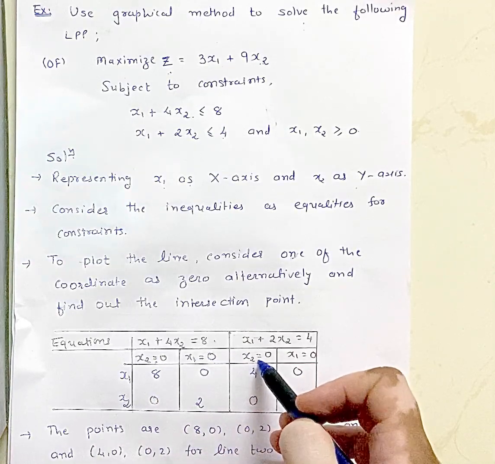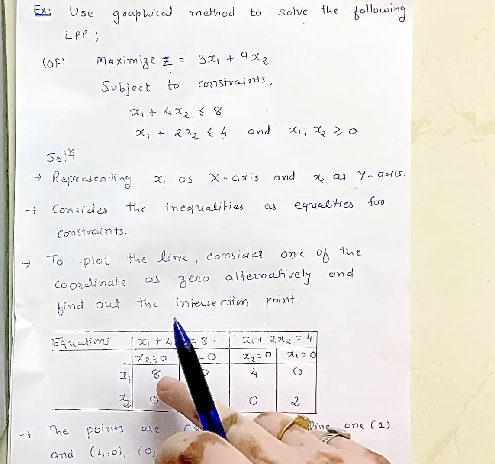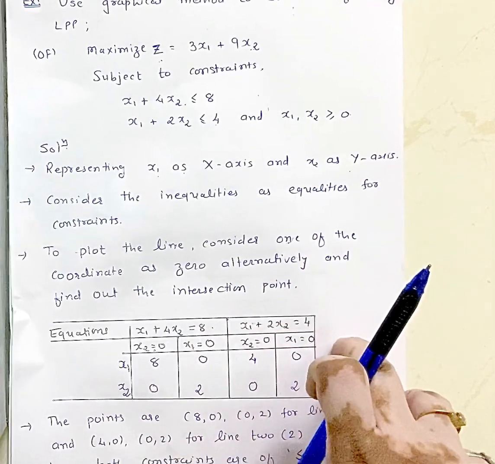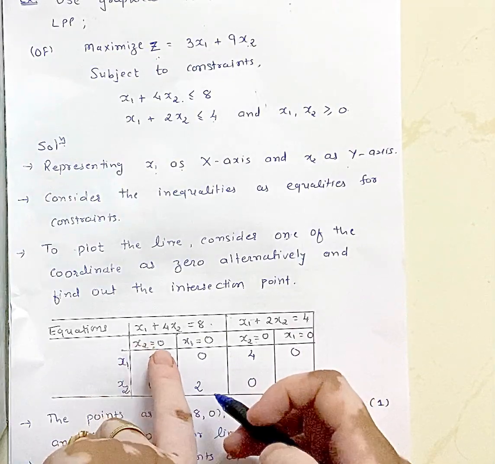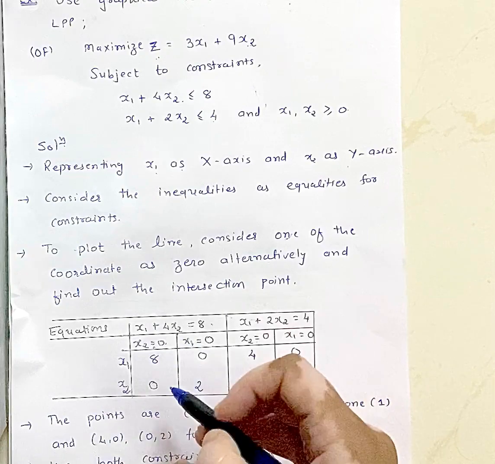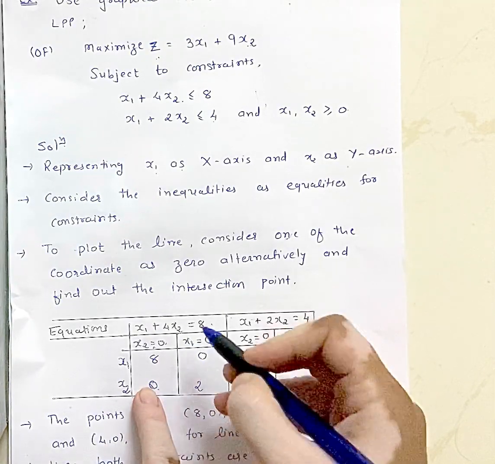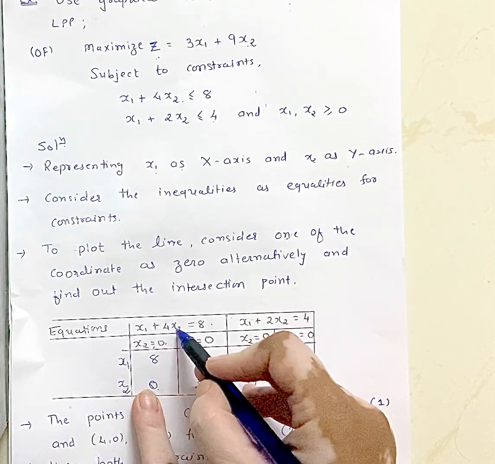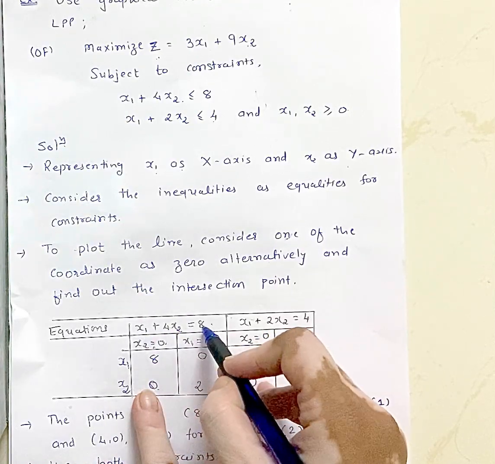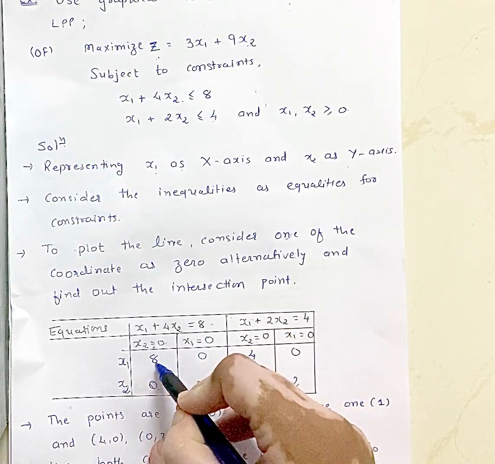Similarly for the second equation, to find the coordinates. In the first case we take x2 equal to 0, so 4 into 0 is 0, and we get x1 equal to 8.